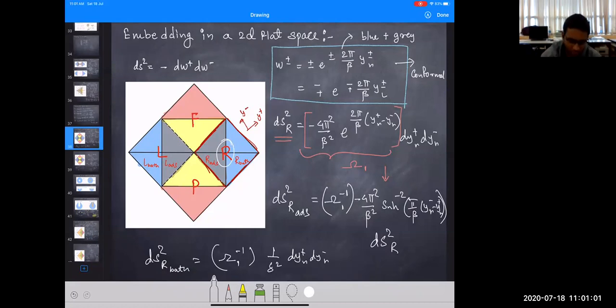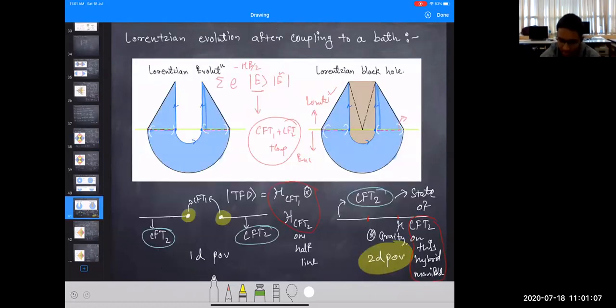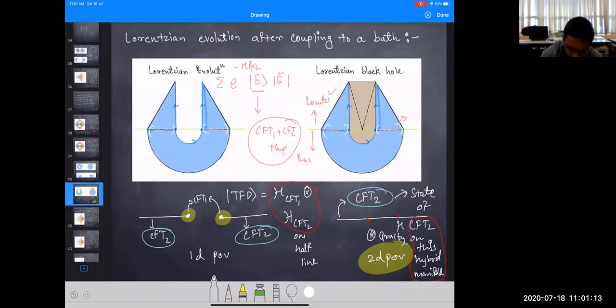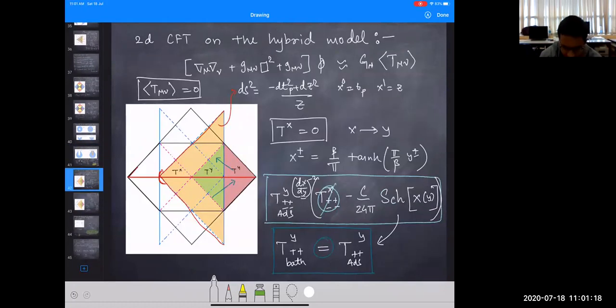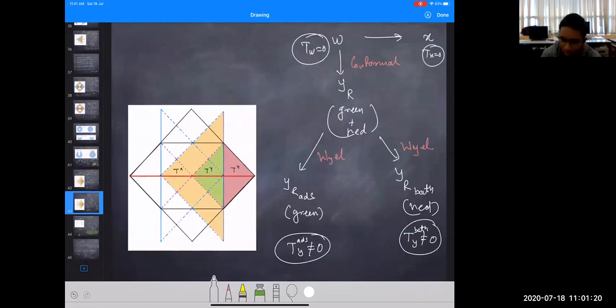I also described what particular state you need to prepare such that the black hole remains in equilibrium with the bath. So the stress tensor on both sides has to be exactly the same. Then the strategy was to do all the computations.